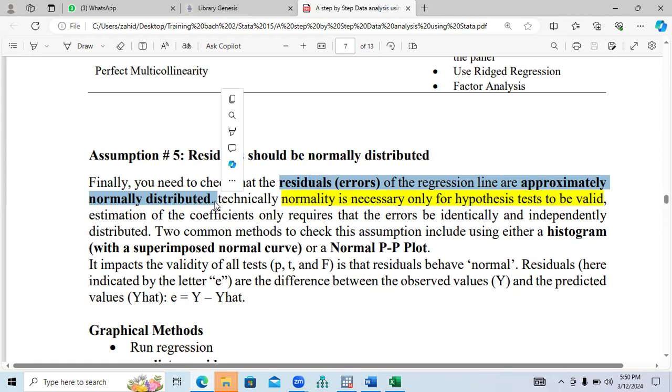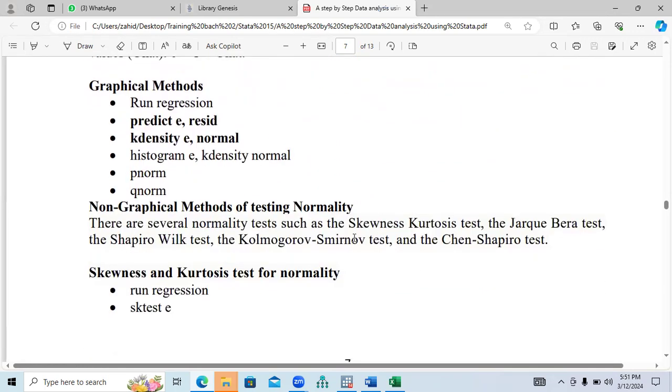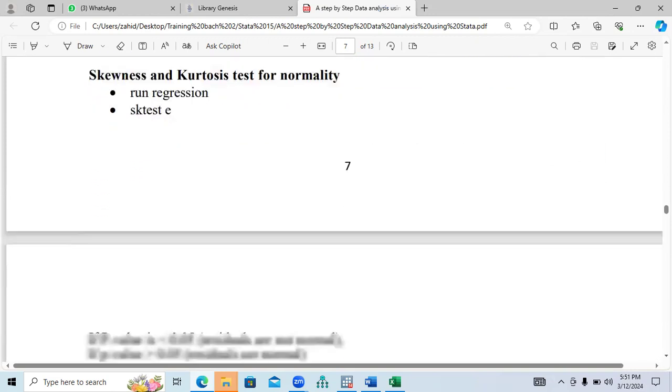But if your data shows the number of observations less than 30, then you need to check whether your residuals are normally distributed or not. So we have some graphical procedures, and we may have some non-graphical procedures to check the normality of the data. So I will let you know how to check it.